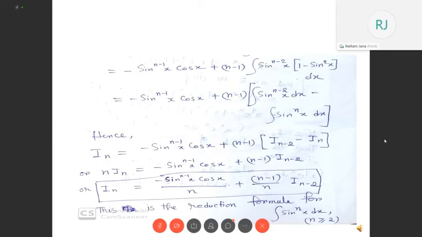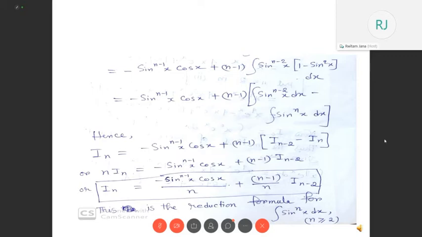And by some minor manipulation, finally you get I suffix n equals minus sine to the power n minus 1 x cos x divided by n, plus n minus 1 divided by n times I suffix n minus 2.